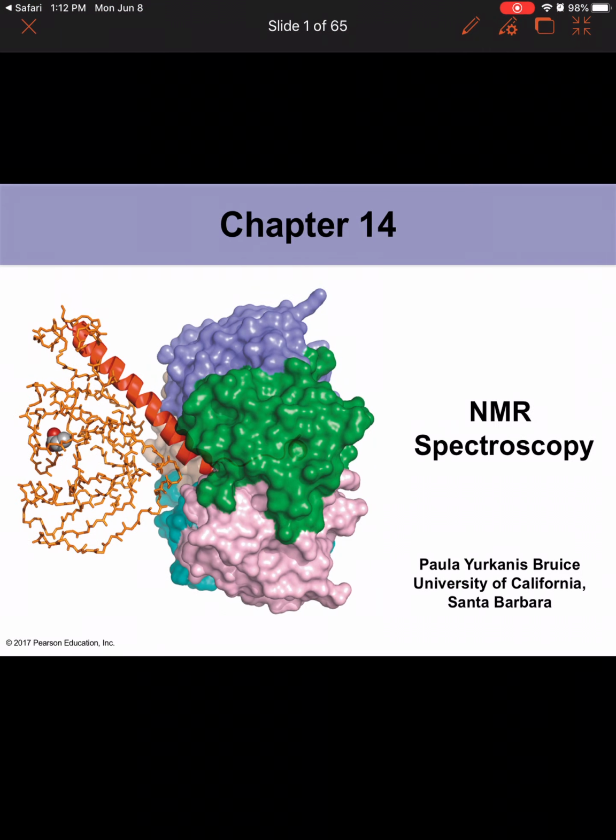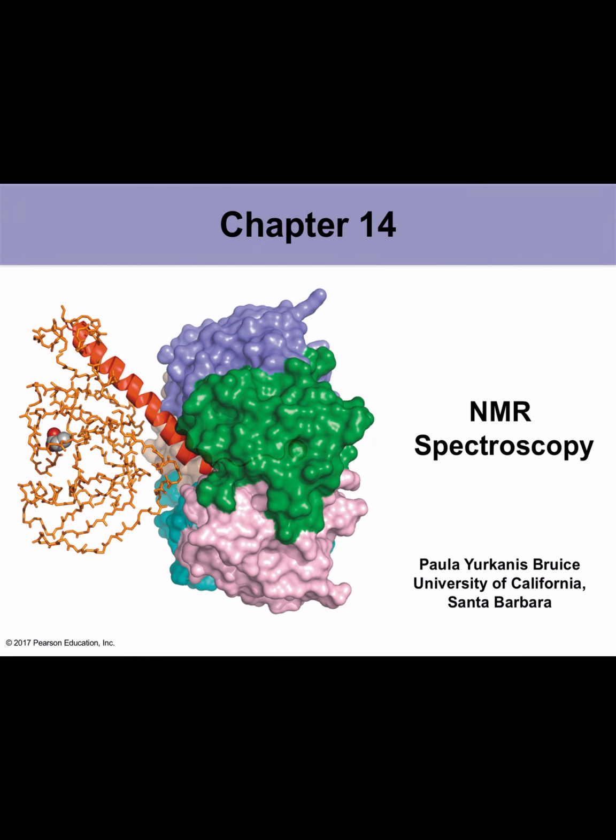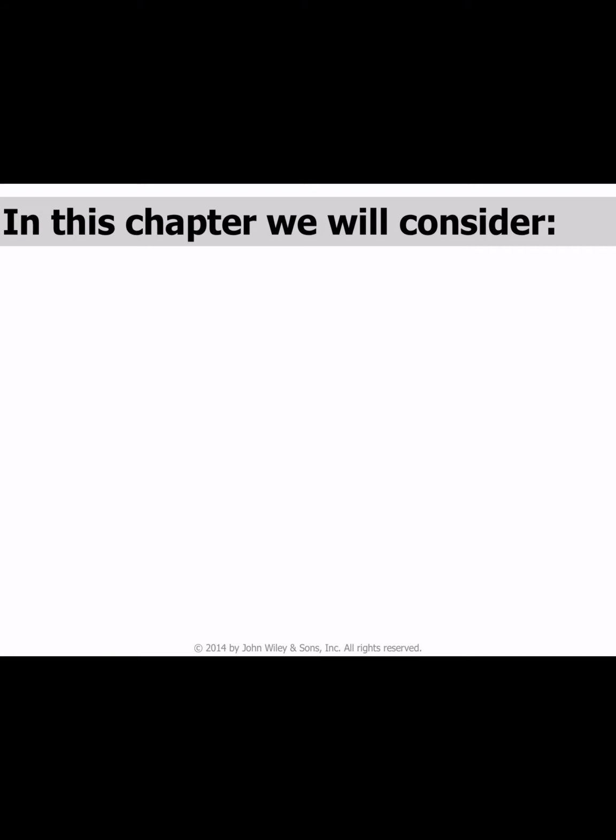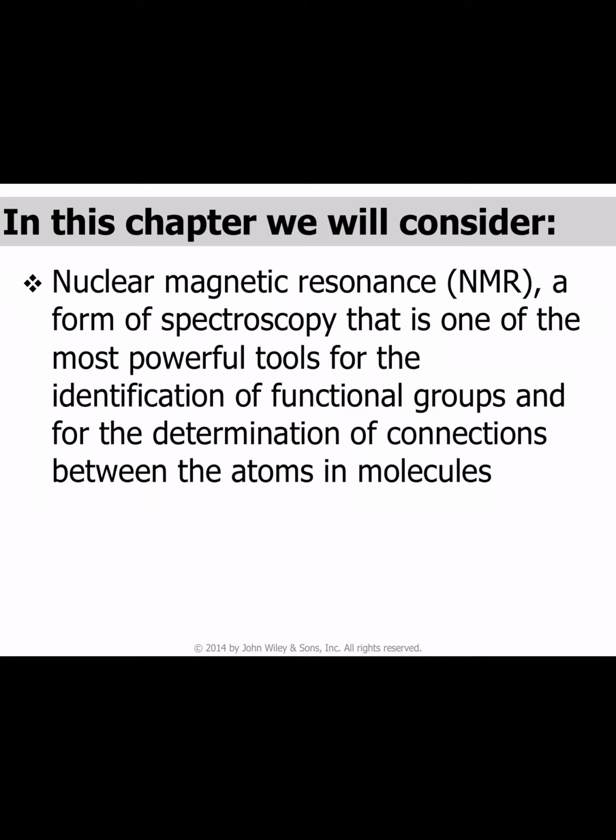It is called NMR spectroscopy, that is, nuclear magnetic resonance spectroscopy. So in this chapter, we will consider NMR, which is a form of spectroscopy.